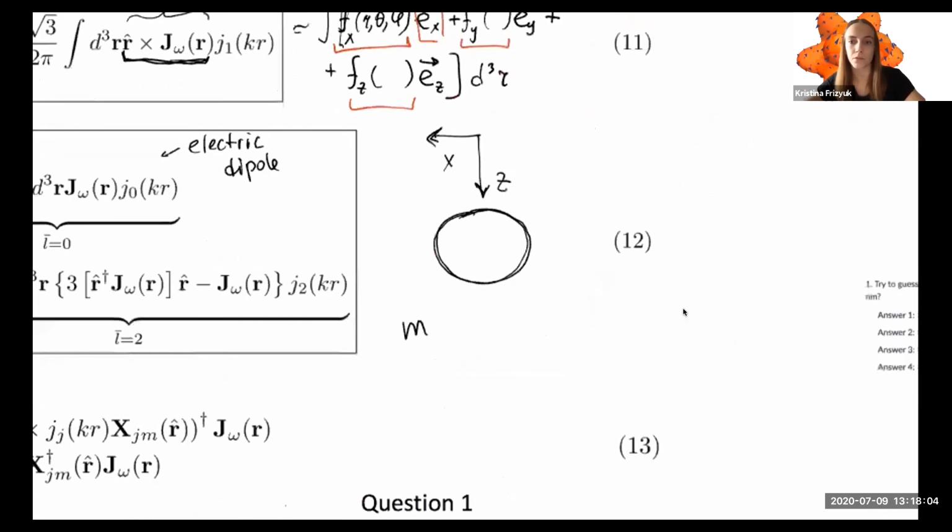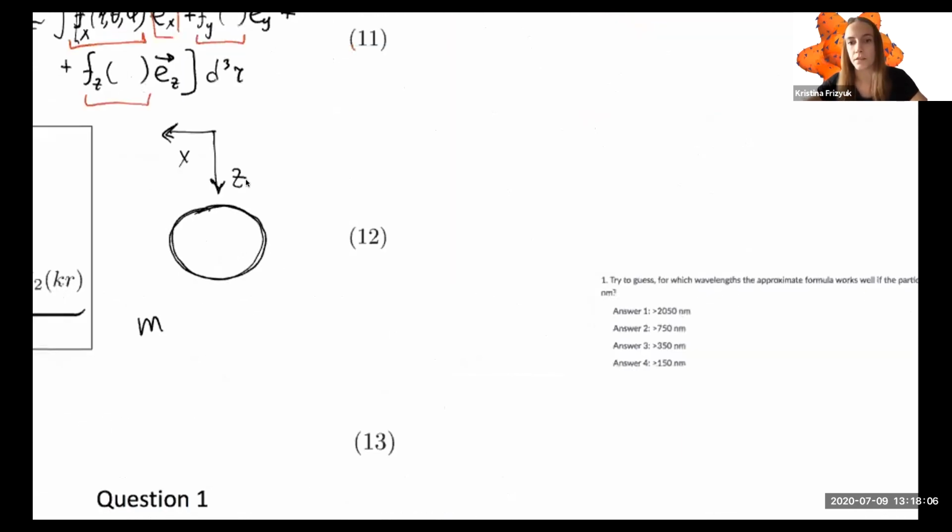The right answer is, in this case, only multipoles which have M equal to 1 are excited. And in the case of magnetic multipoles, you can only excite odd ones, and in the case of electric multipoles, you can excite only even ones.